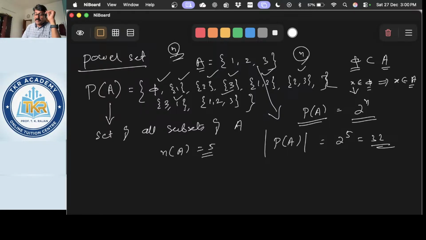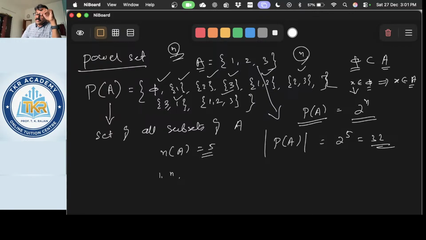Choosing no element, it is only one set, that is the empty set. And out of n objects, how many ways can you select one object? You can take the first object, second object, like that. So n ways you can take.